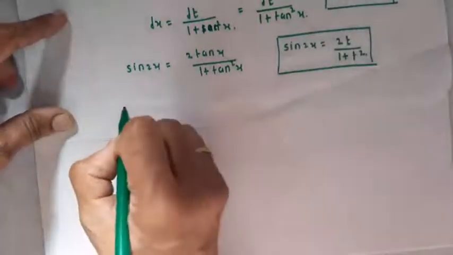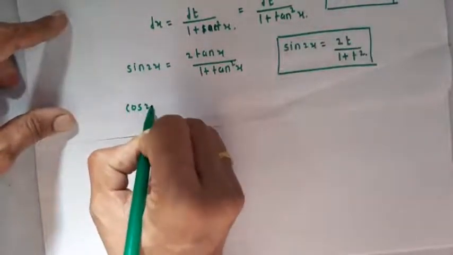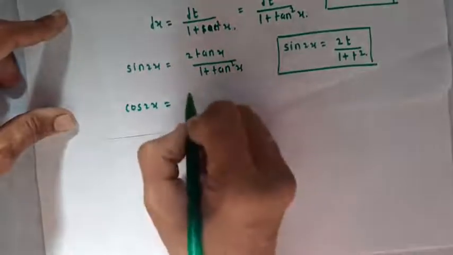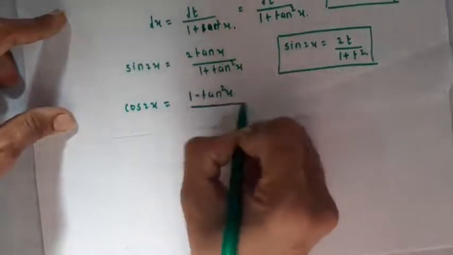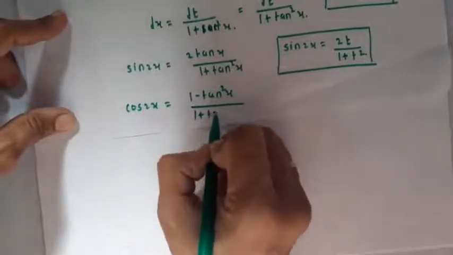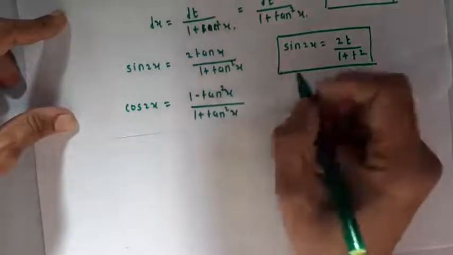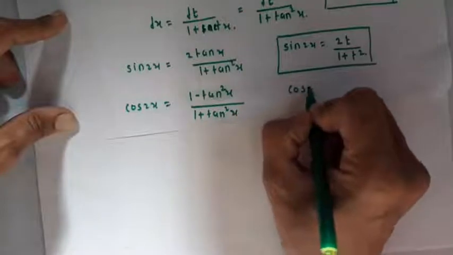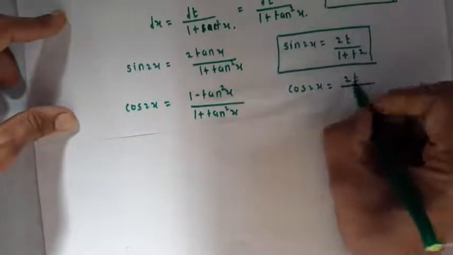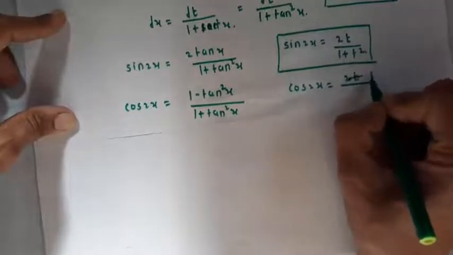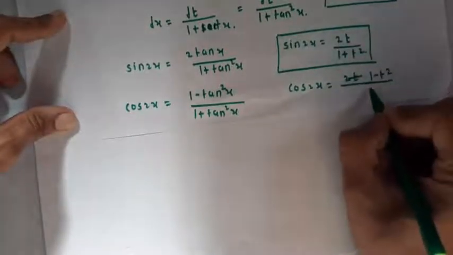Similarly, we know the formula for cos of 2x in terms of tan, that is 1 minus tan square x upon 1 plus tan square x, and hence the value of cos of 2x is 1 minus t square upon 1 plus t square.